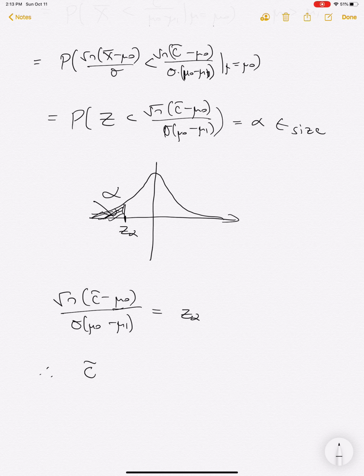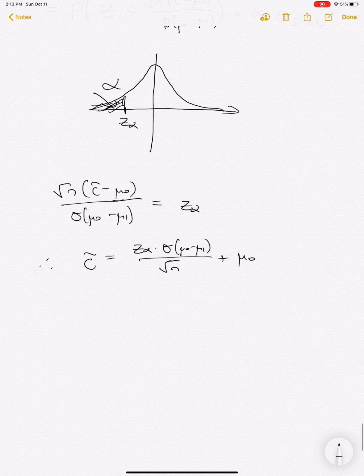Therefore, this critical threshold here should be equal to, plus mu 0.